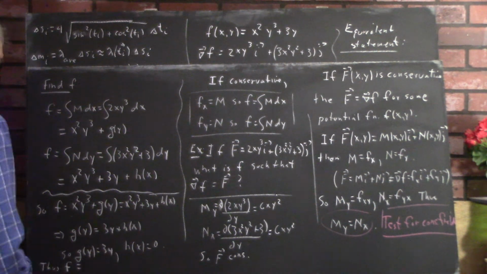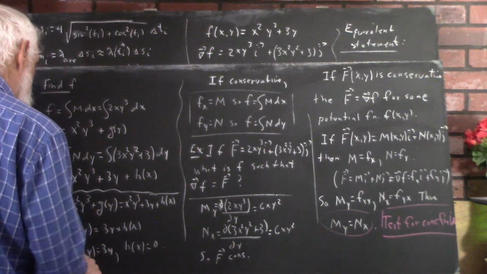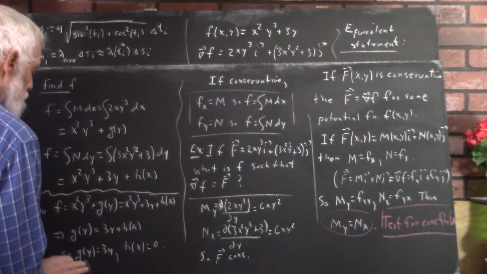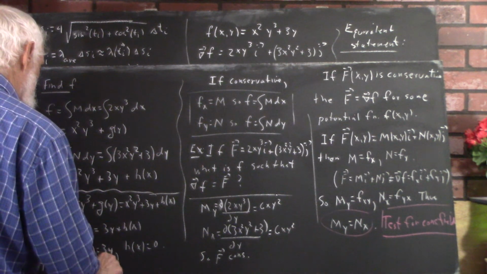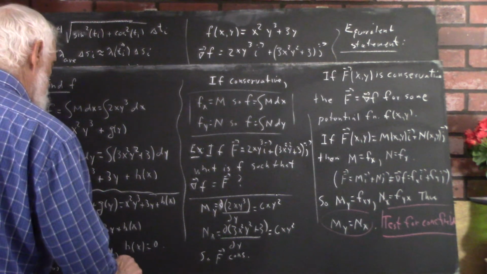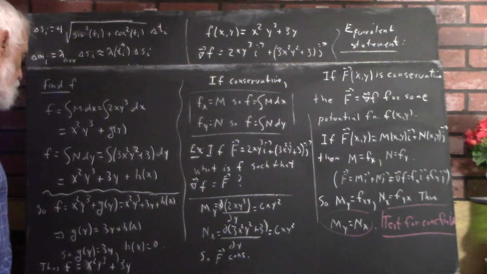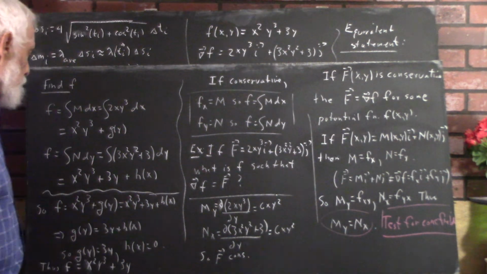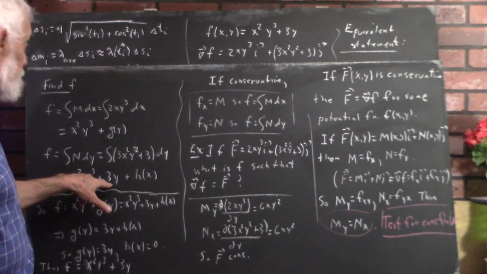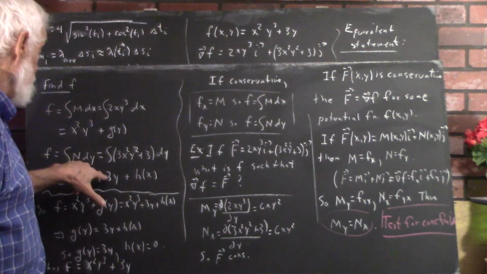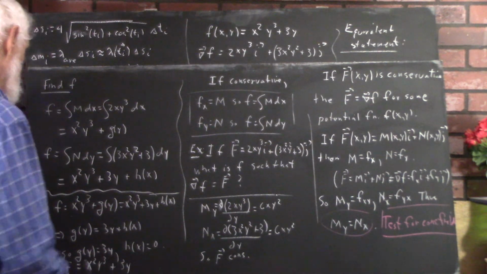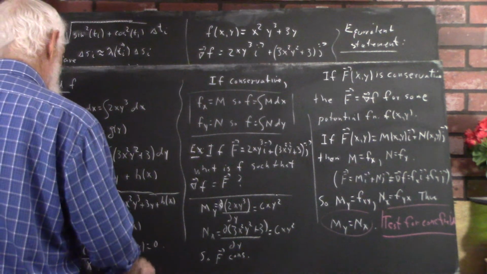Thus, your function f is x squared y cubed plus 3y. Okay, h of x is 0, so there it is. g of y has got to be the 3y to make this equal to this, but it works out, and we've recovered our potential function.